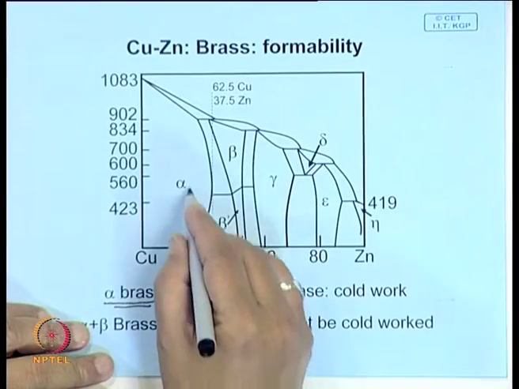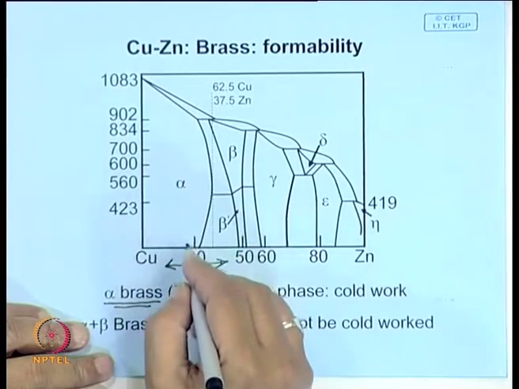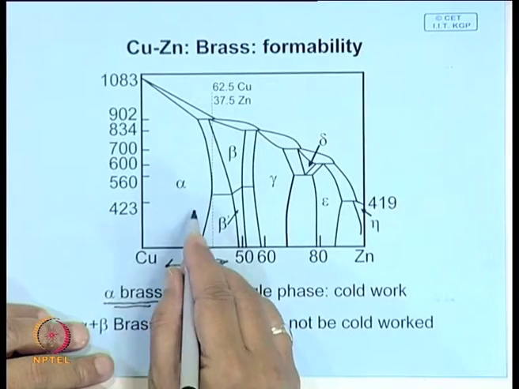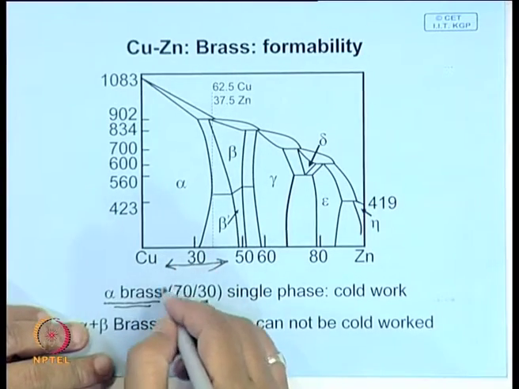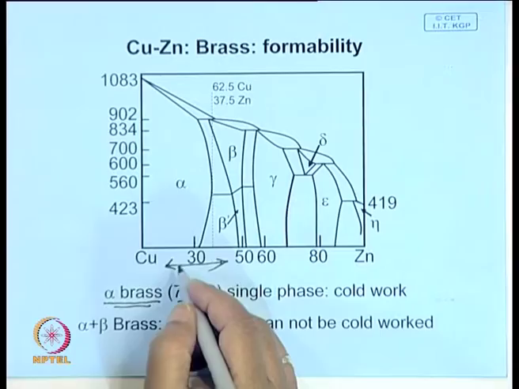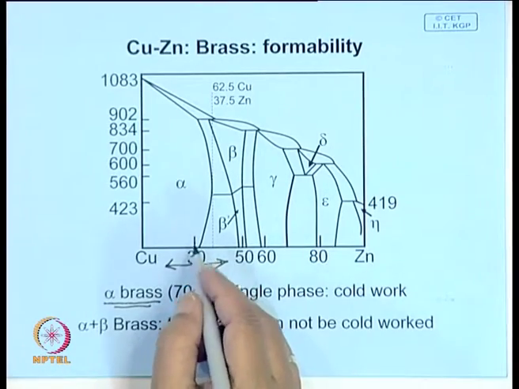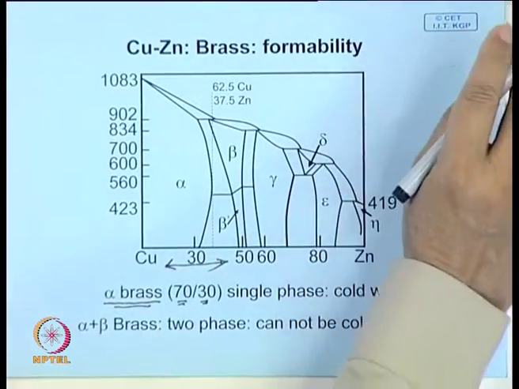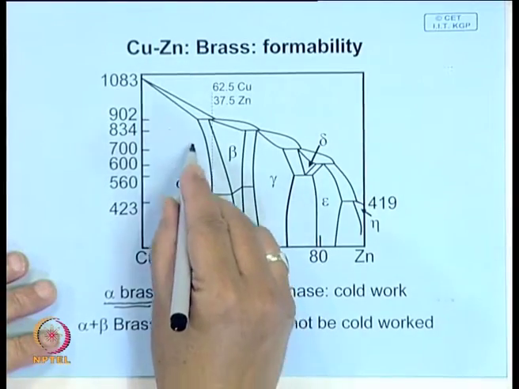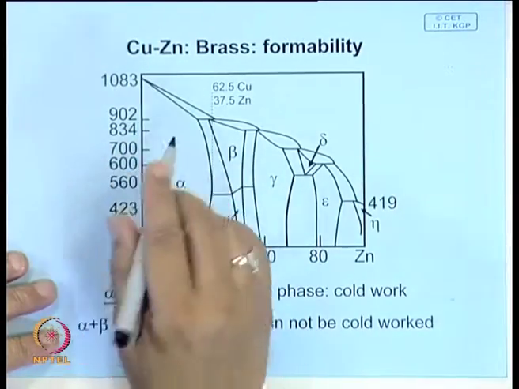So with only a small amount of deformation, it can be rolled into very thin sheet. They can be deep drawn into more complicated shapes in a few steps, and this is primarily because of its uniform structure.